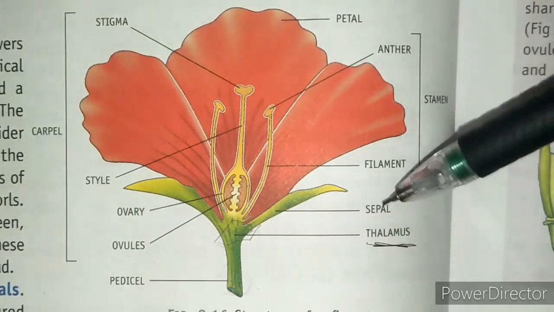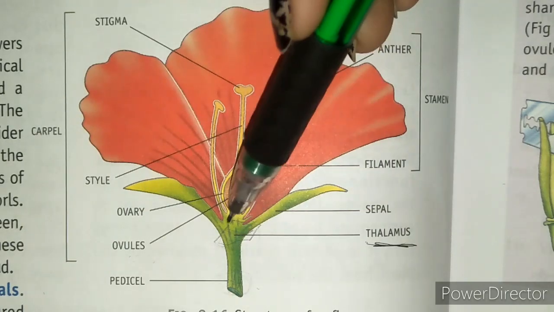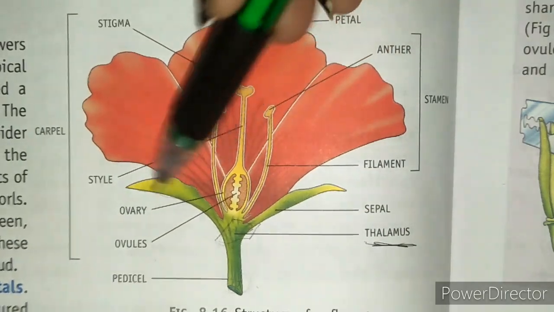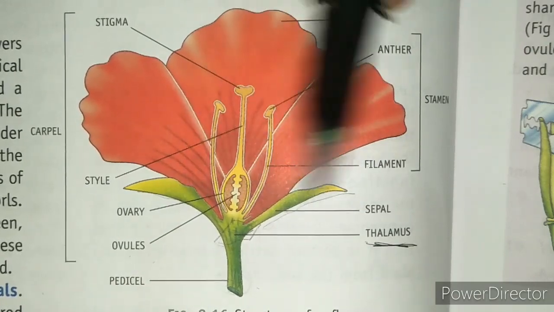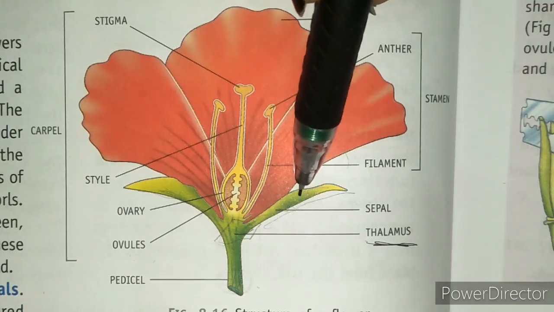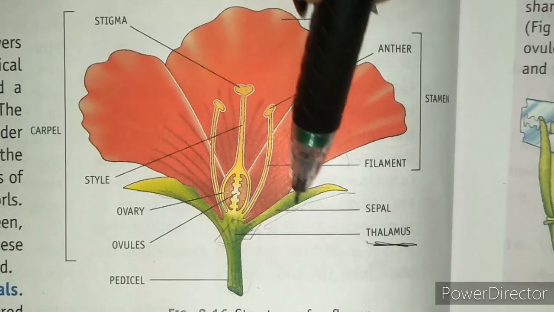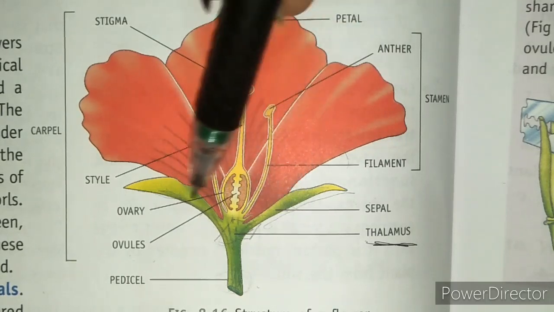This is pedicel and this is thalamus, right? Afterwards this thalamus further divides into these green colored structures, and these are known as sepals. Singular is called sepal, but when these are in collective form they are known as calyx.